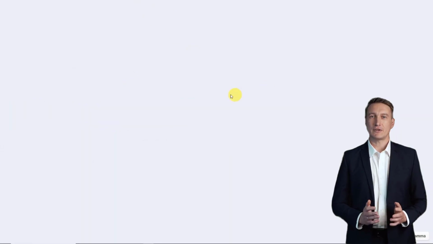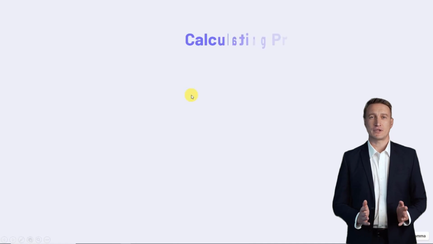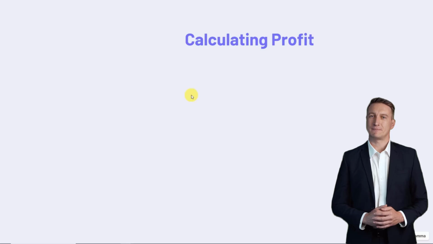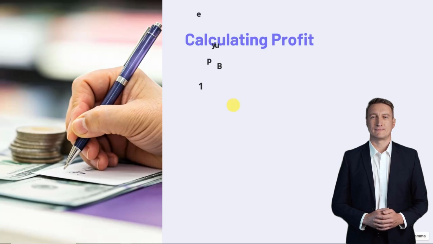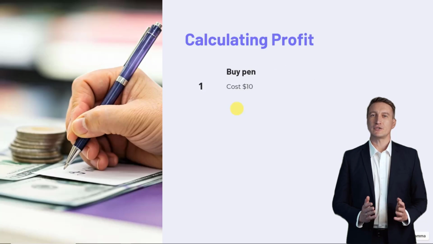Let's have a look at an example of calculating a profit. Here you can see the guy's got his pen. Number one, you're going to be buying a pen and it costs you $10.